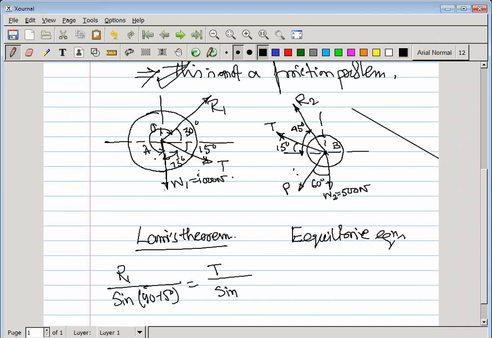What is the value? Now this is 180 and this is 60, so it is nothing but 240, right? Is equal to W1 by sine of 30 plus 15, the angle between these two vectors. So R1 and T, this angle is 45, sine 45 degree. Clear? So we have to find T equal to 1000 into sine 240 degree divided by sine 45 degree. Please calculate and tell me.